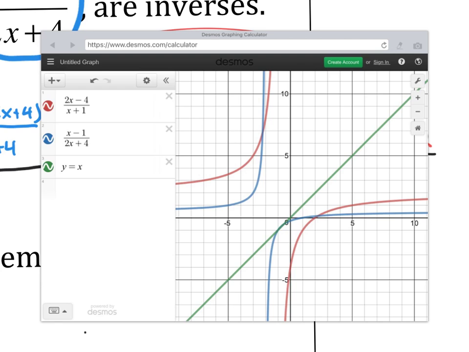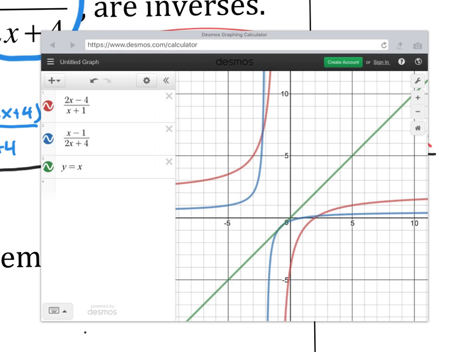So if we were to graph these two functions, the red one is right there. And if I were to reflect it off this y equals x, clearly this here does not map to the blue right there. Because look, it's got to be equidistant. So it's got to map out to here somewhere.